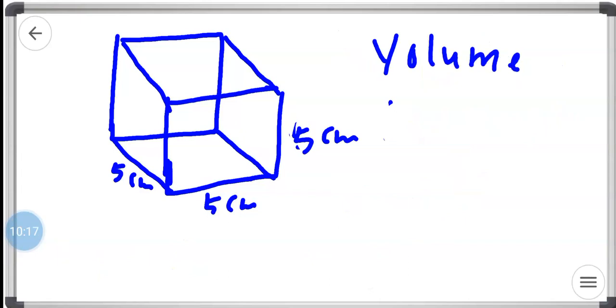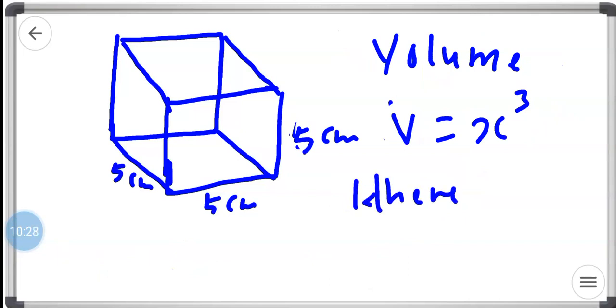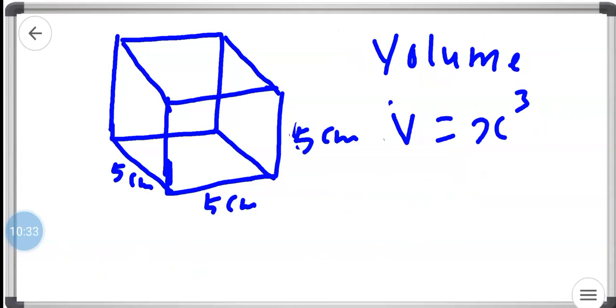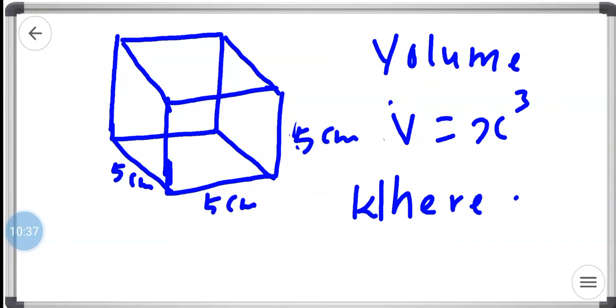That's the third question. We said volume V equals x cubed. That's the formula for volume. From the question, we're told that x equals 5 centimeters.